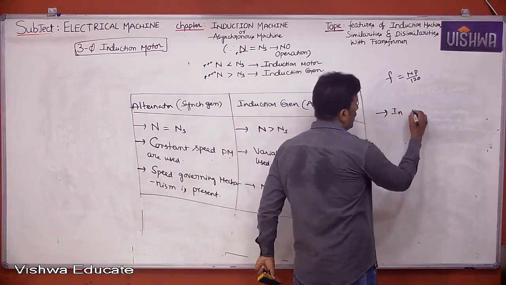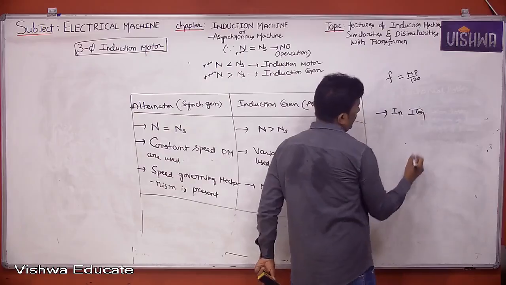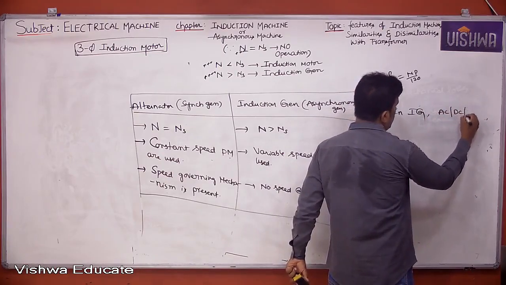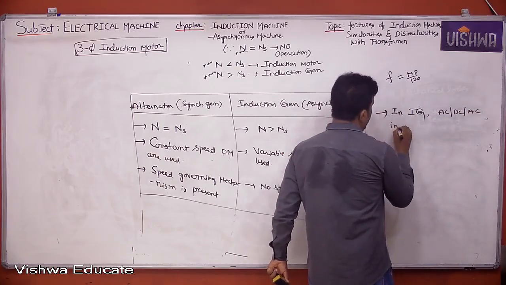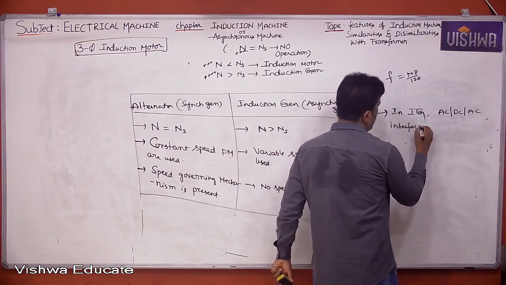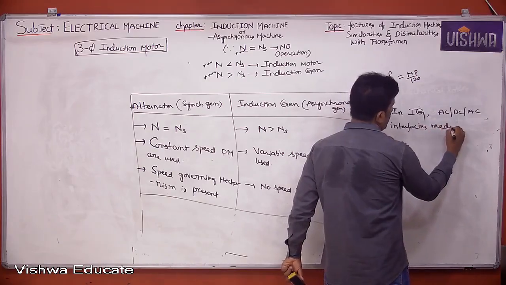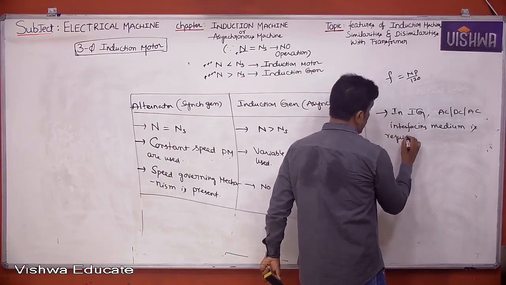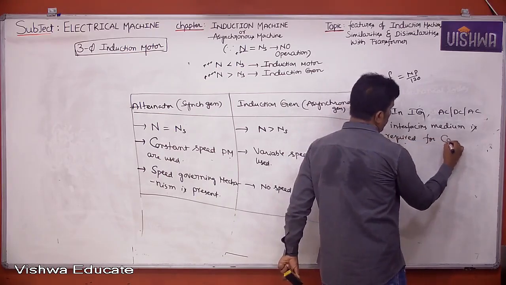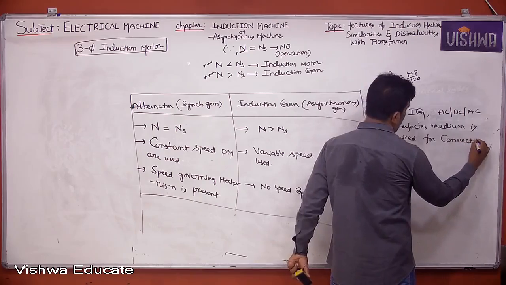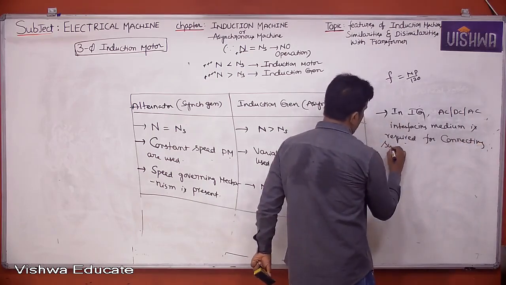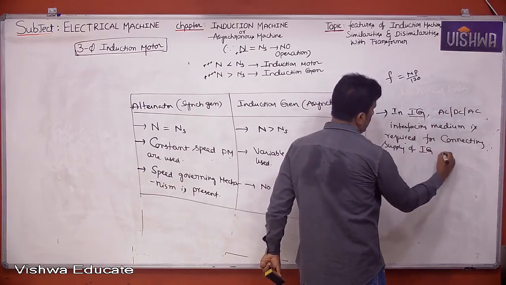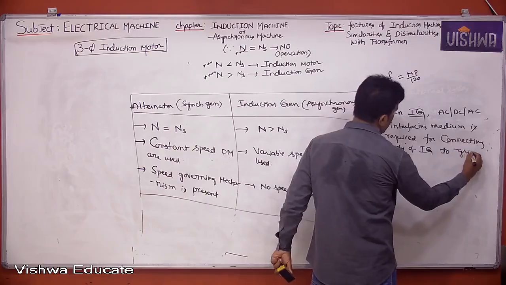In induction generator, an AC to DC to AC interfacing medium is required for connecting the supply of induction generator to the grid.